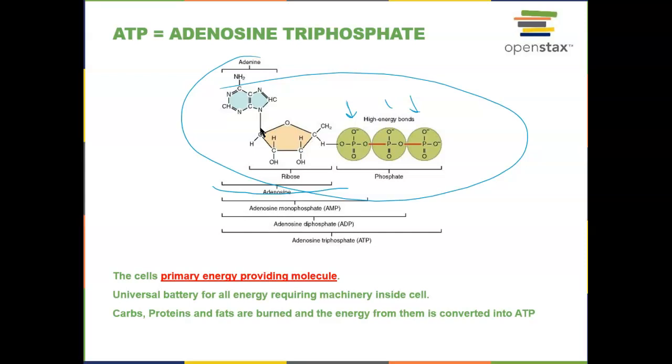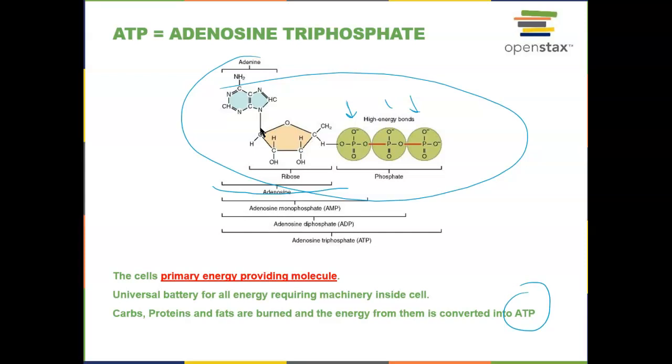So when you eat carbs or proteins or fats, your body is going to convert all of those into ultimately CO2 and water. And then the energy used from the breakdown of carbs, proteins, and fats is used to make ATP, and then ATP is what fuels everything.